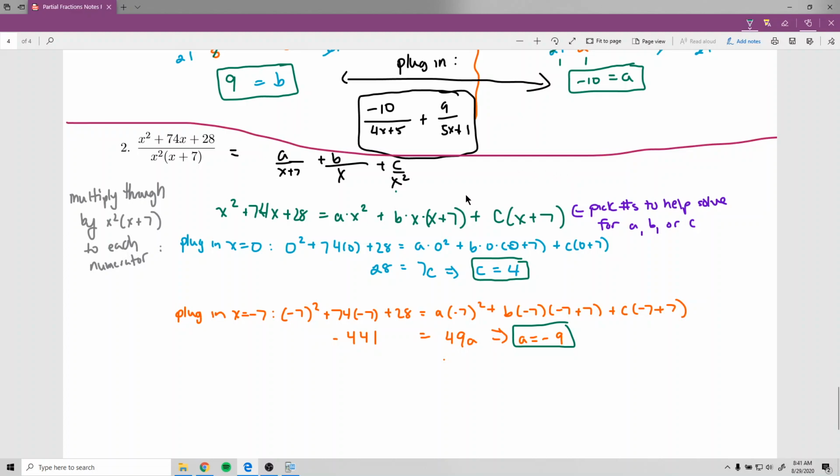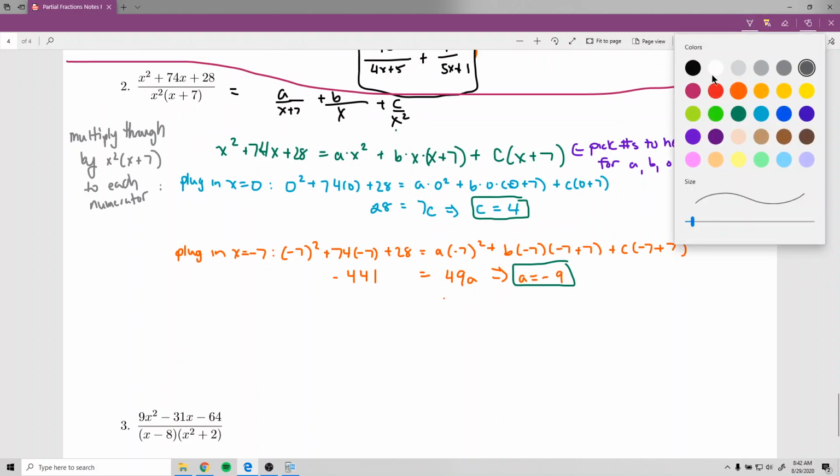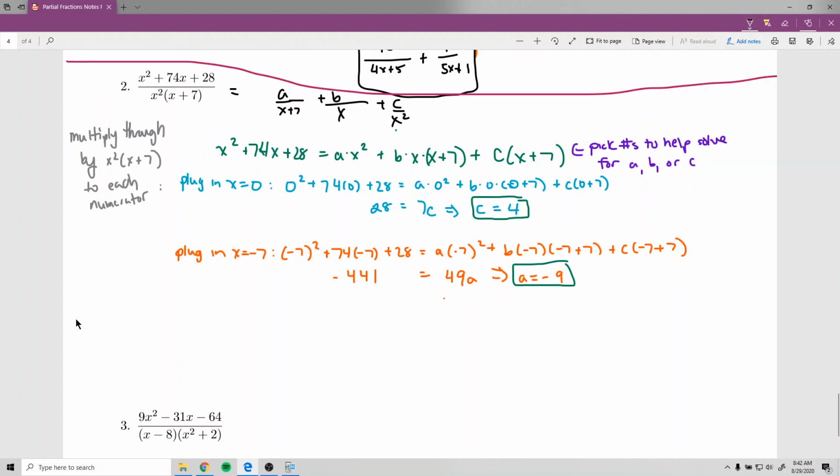And this happens every time you have a repeated multiplicity like that, you're going to have to plug in another number and solve. Since plugging in another number will not make stuff cancel, you're also going to plug in your A and C.